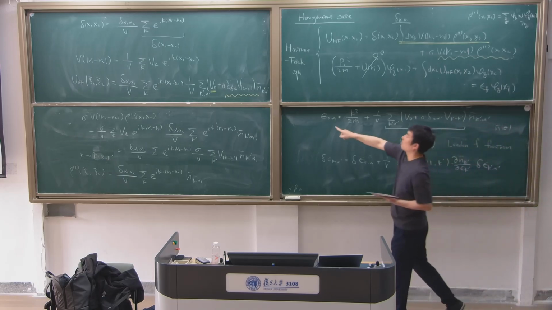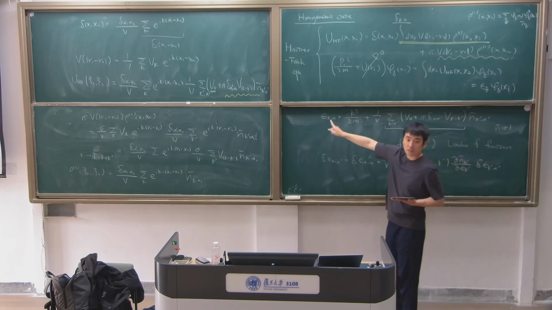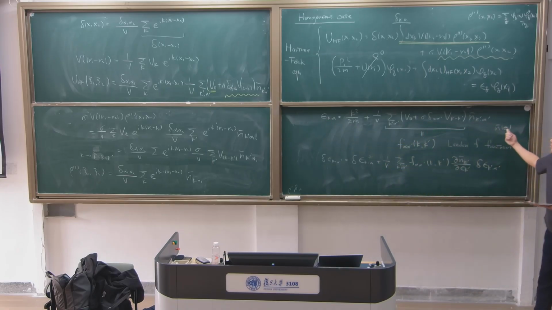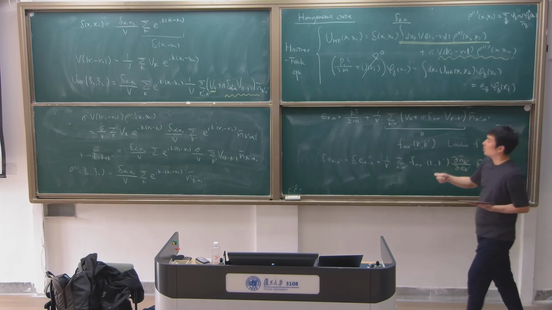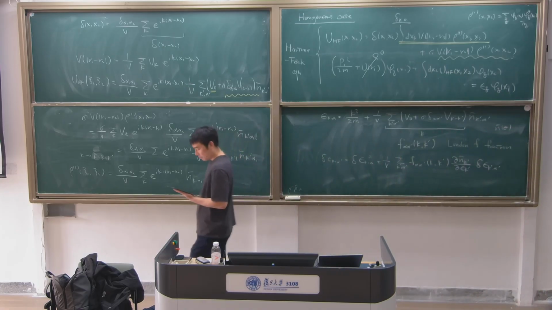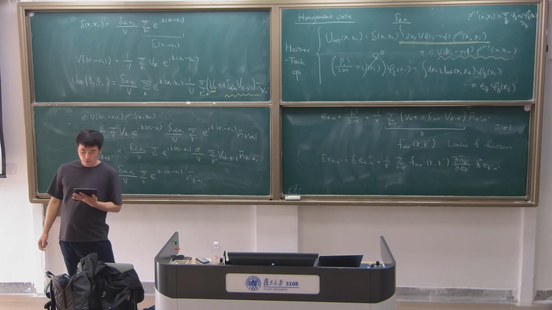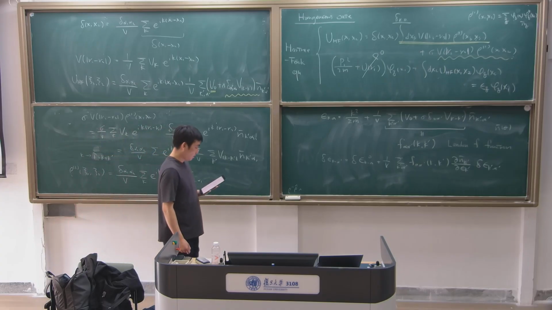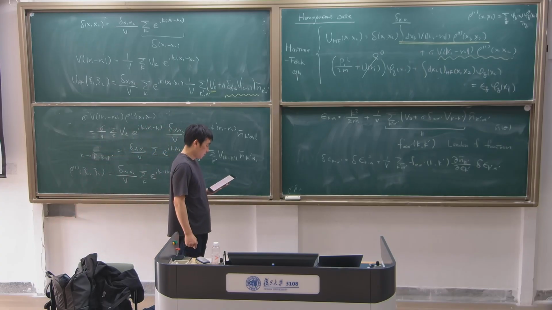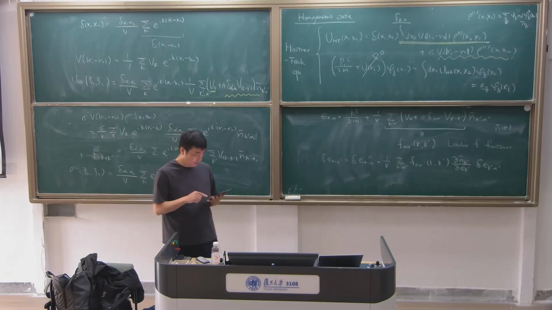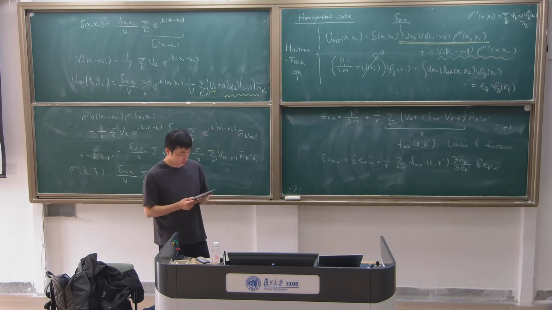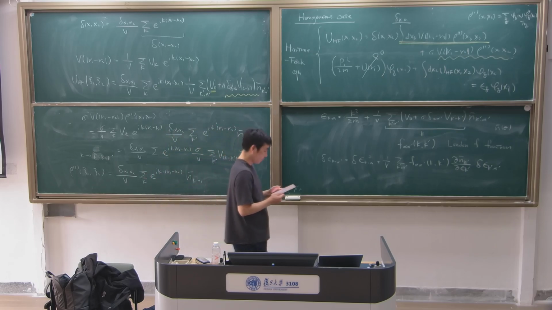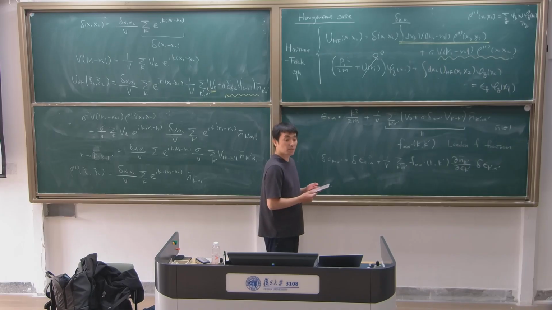So this equation itself does not determine E exactly because n also depends on E. Therefore, you have to really solve this equation. Fine. Okay, so that's like this.